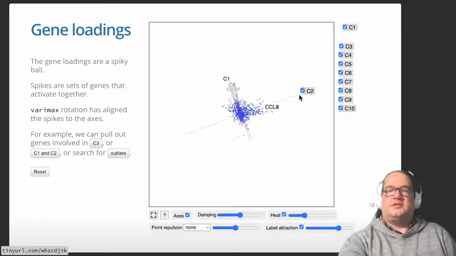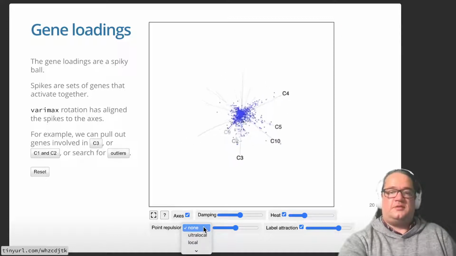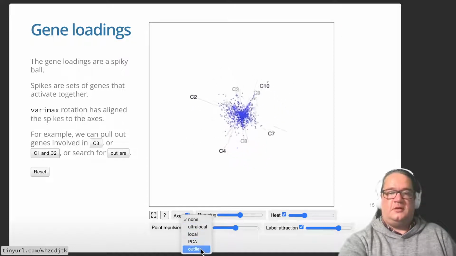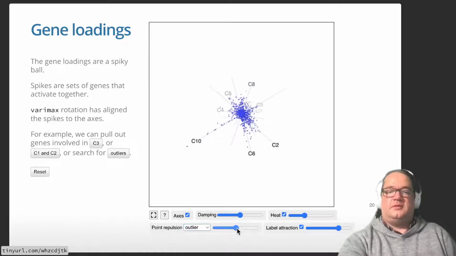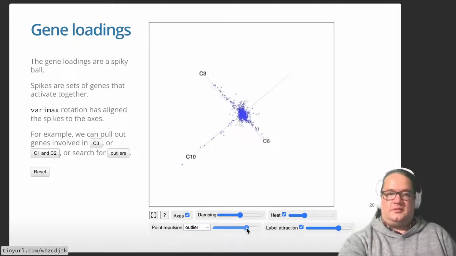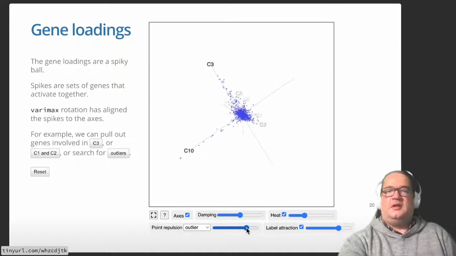Or maybe we just want to look for outliers. So I have a special guided tour mode that looks for outliers. Maybe I'll turn up the force that's applied.